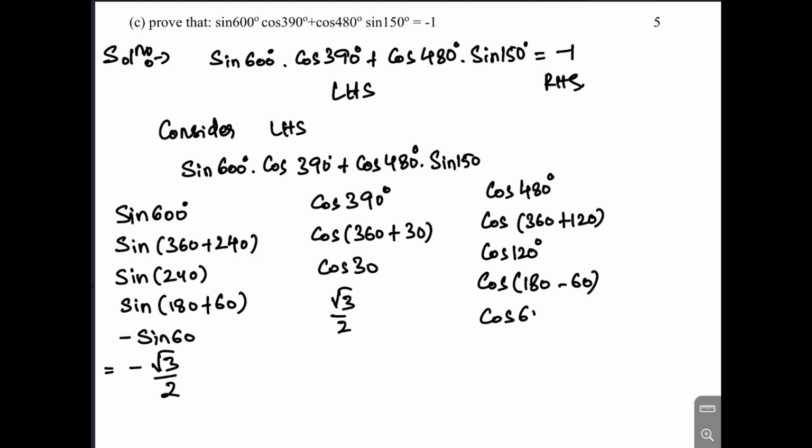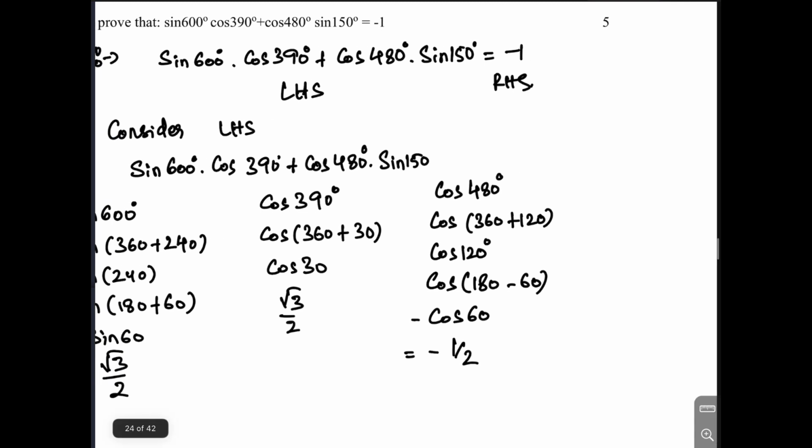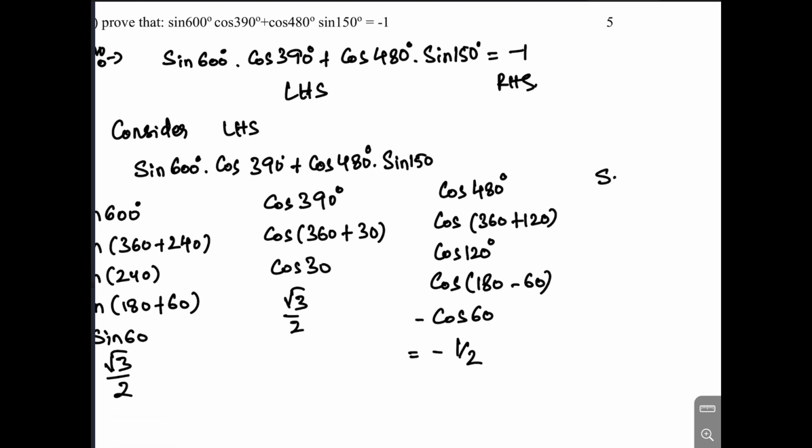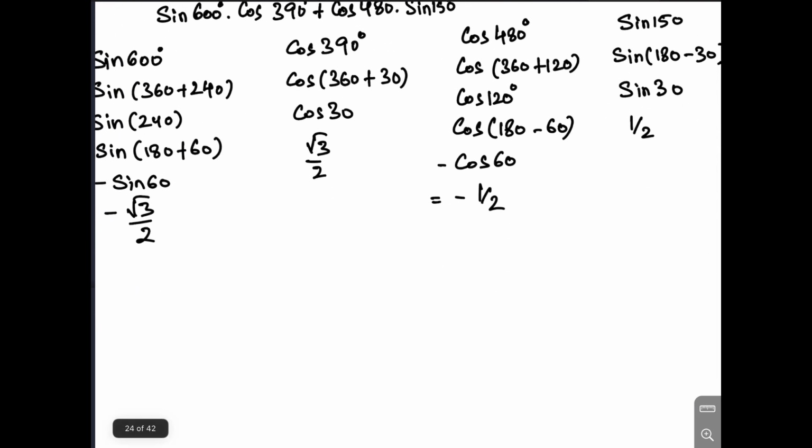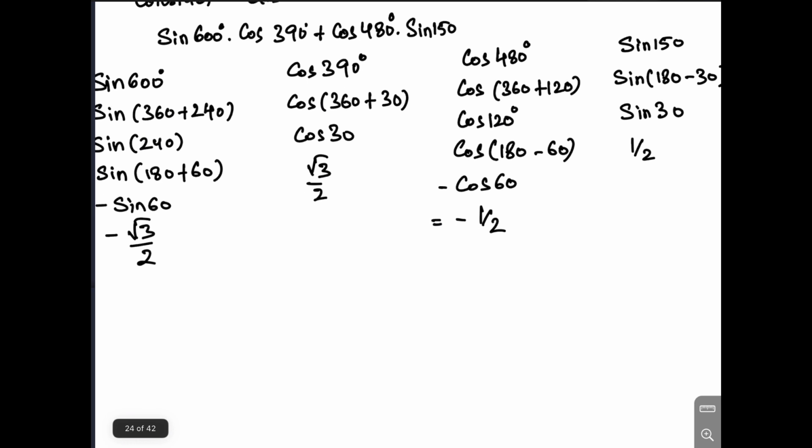So cos 60 value is 1 by 2, which gives minus 1 by 2. So at last we need to find the value of sin 150. Sin 150 can be written as sin of 180 minus 30. So here sin 30 is nothing but 1 by 2. So we got all the trigonometric function values here.